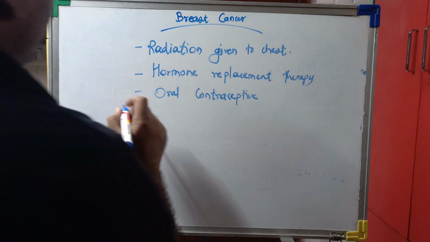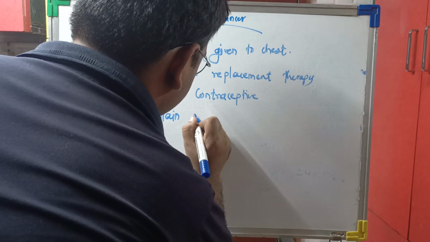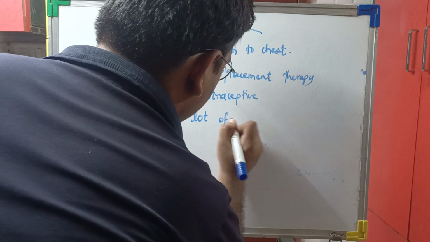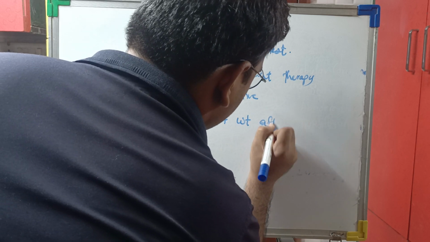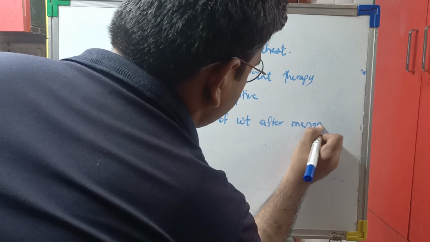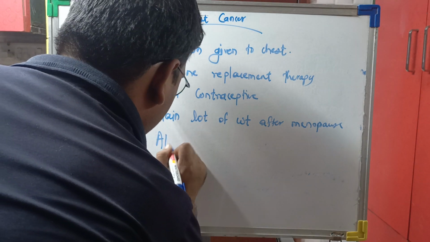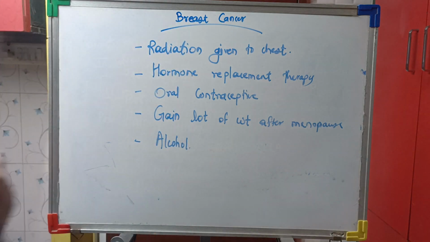The woman who has gained a lot of weight after the menopause may be prone to get breast cancer. The lack of physical activity and alcohol drinking may trigger the risk for breast cancer. So these are some risk factors for breast cancer.